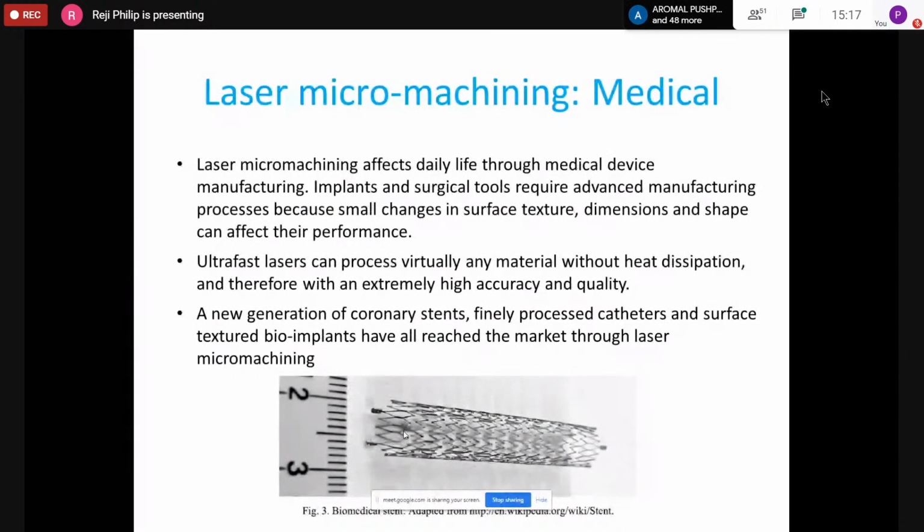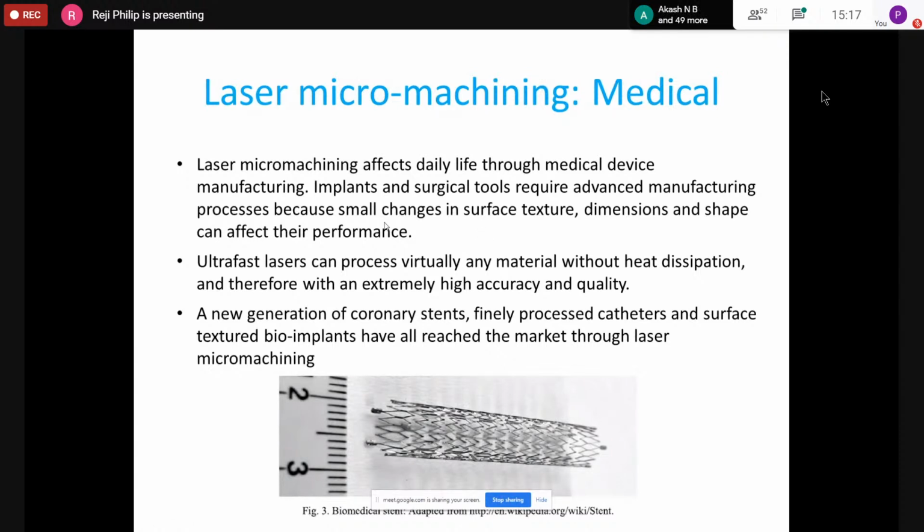So medical device manufacturing, for example, implants and surgical tools, they require advanced manufacturing processes because small changes in the surface texture, dimensions, and shape can affect their performance. So these have to be made to very rigorous standards, and we cannot allow too much latitude in their quality.